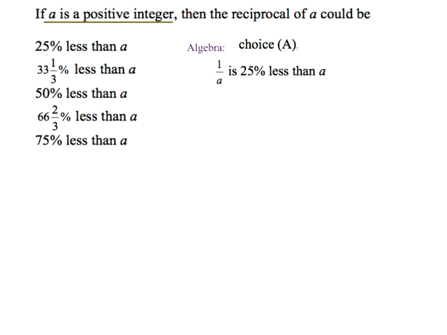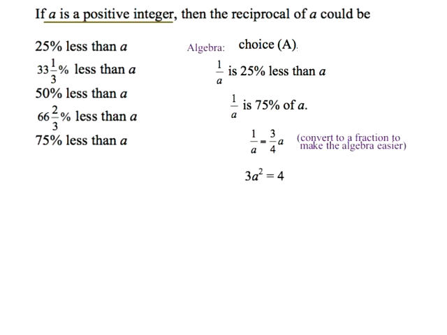It says that 1 over A is 25% less than A. And in an equation, 25% less than A means 75% of A. So that means that it's a fraction. You want to make this a fraction because fractions are easier to solve. So it's good for a fraction to make the algebra easier. So once you have that, then if you solve this, if you cross multiply, you get 3a squared is 4. So this is not going to be an integer.